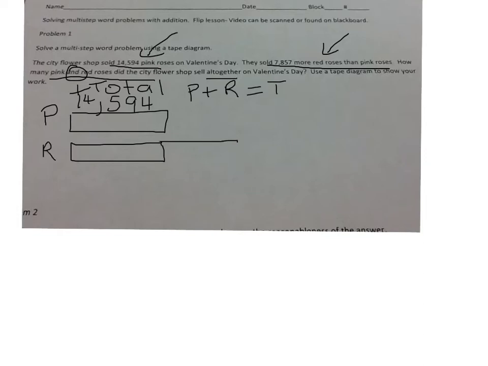Plus an additional 7,857. So here we know we have 14,594, the same as the pink, and with an additional 7,857. And if we put all of these things together, we know we will have our total roses. So now we have a picture that tells us our information.